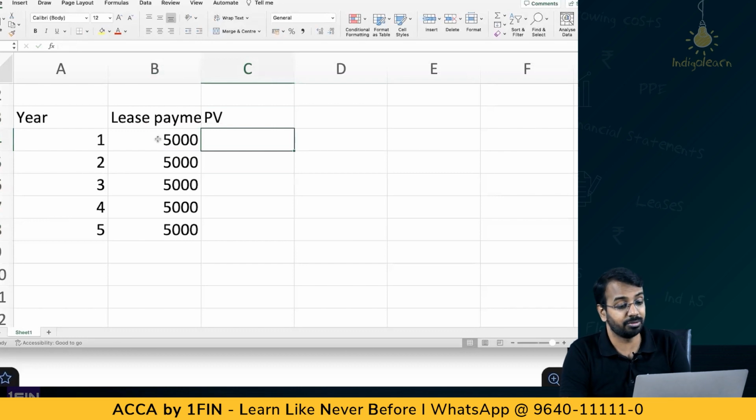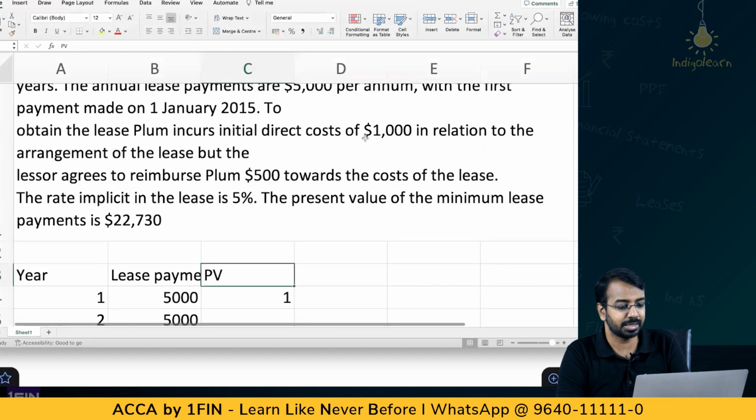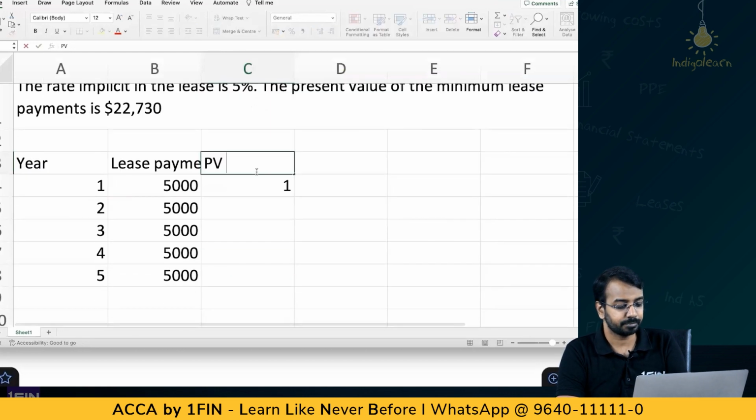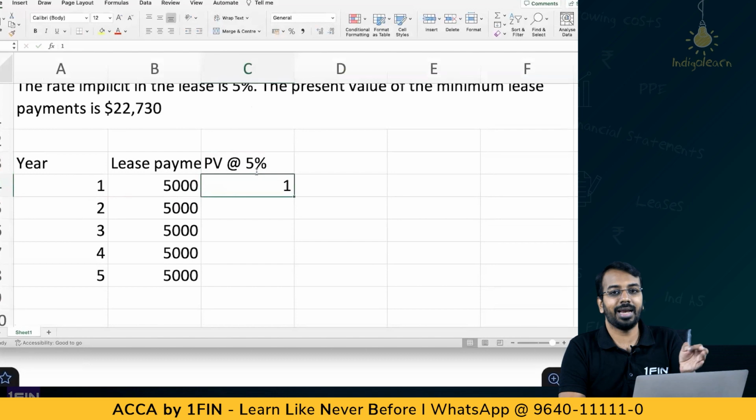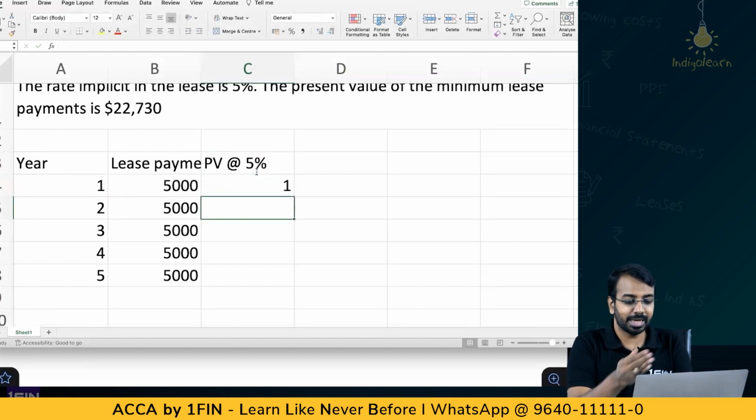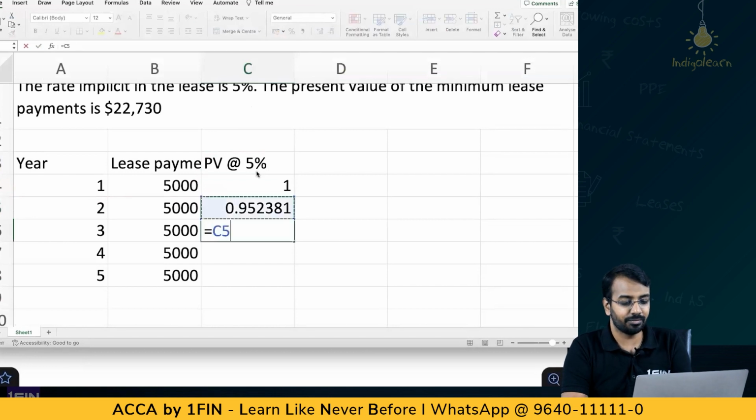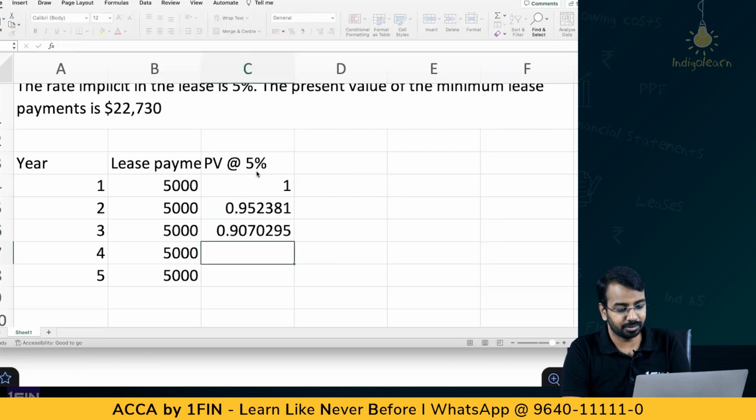So the present value factor will be 1 because the interest rate implicit in the lease is 5%. First payment will have a present value of 1 because I'm paying today. Then second payment is paid after 1 year, so the present value factor is 1 divided by 1.05. Then this divided by 1.05, then fourth, then fifth.